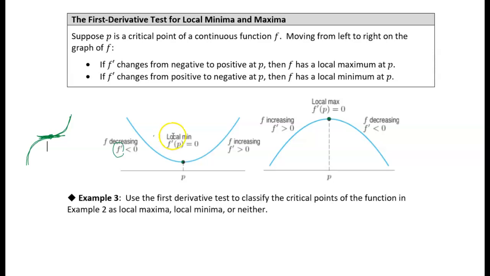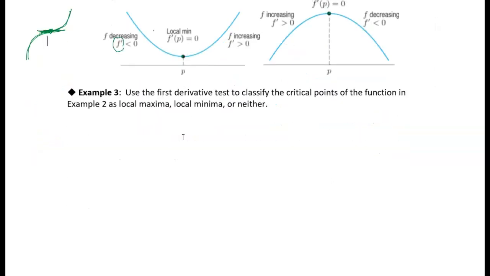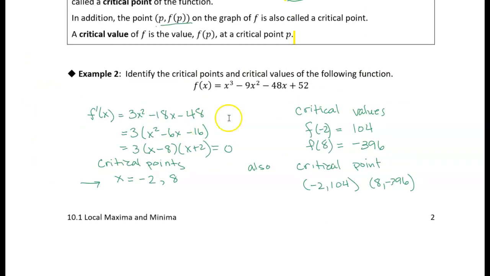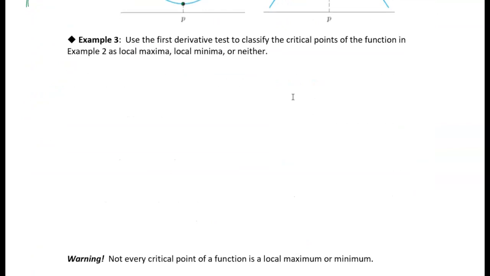All right, so let's take a look at that same function that we had before here. x cubed minus 9x squared minus 48x plus 52. All right, so let me just scroll down here.